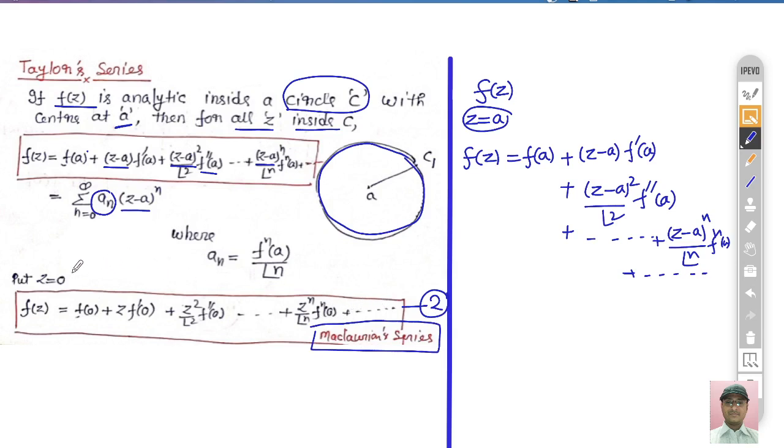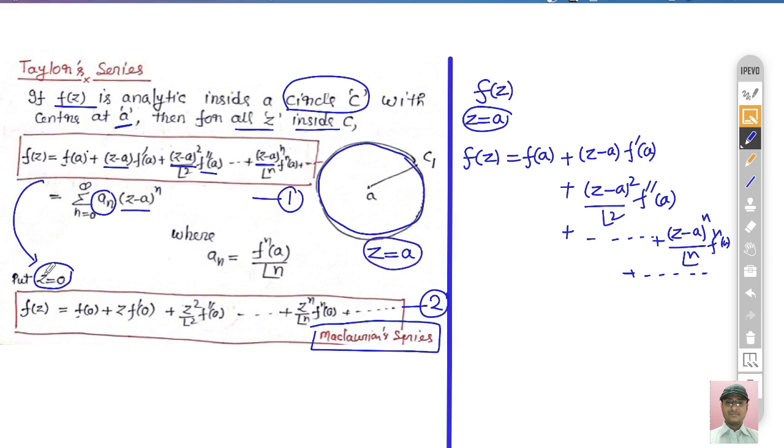Now if you want to expand this series with respect to the origin, z is equal to 0, as you have seen in equation number 1, which expands about the point z is equal to a.